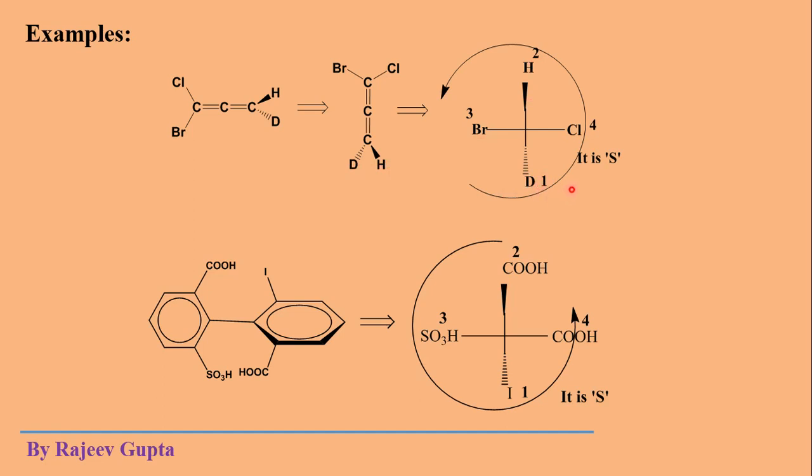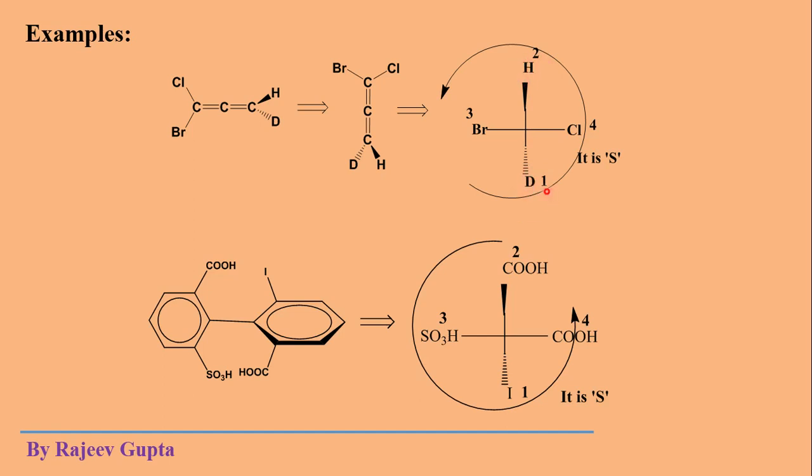Now second, give the priority. First, provide the priority to the wedge dash portion only. See, here is the hydrogen atom, and this is the deuterium atom. Atomic number of both is the same. Now check atomic mass. Deuterium's atomic mass is 2 and hydrogen's atomic mass is 1.